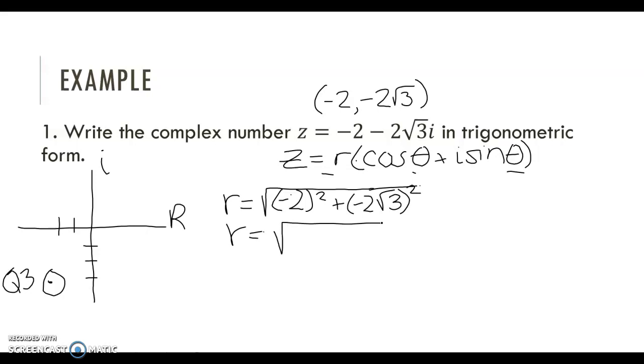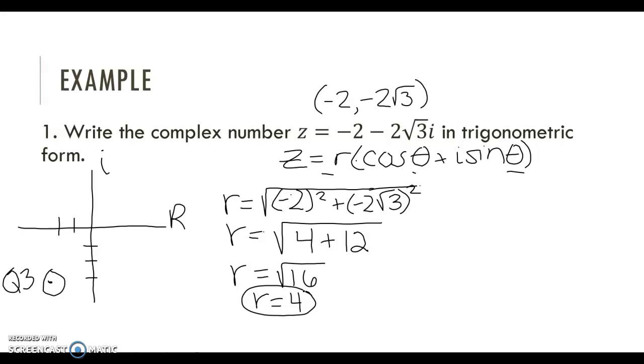That gives me the square root of 4 plus 12, since 2 square root of 3 squared is 12, which gives me the square root of 16. And so r is 4, or the modulus is 4.